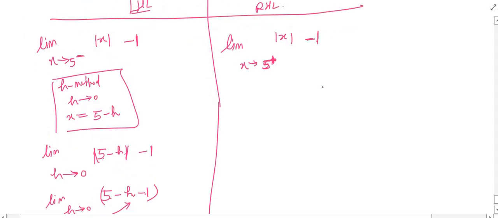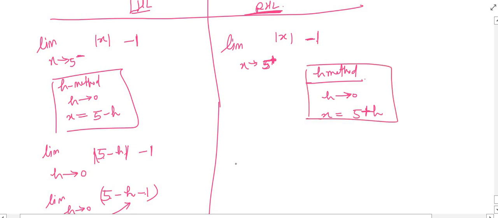Now we will apply the H method. So for the H method, what do we do? h is tending to 0 and x is going to 5 plus h. Note the plus, because it is RHL. This is the H method. So limit h going to 0, 5 plus h minus 1. Okay.